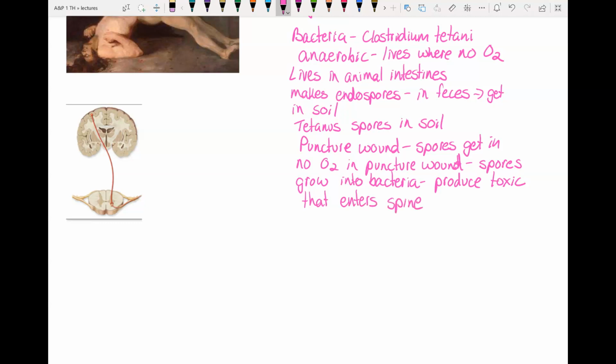Okay, so right here, we have your upper motor neuron and your lower motor neuron. And remember, this is where you have IPSP or EPSP. Well, if you have tetanus, tetanus turns off all of your IPSPs and it makes all of these synapses have EPSP.